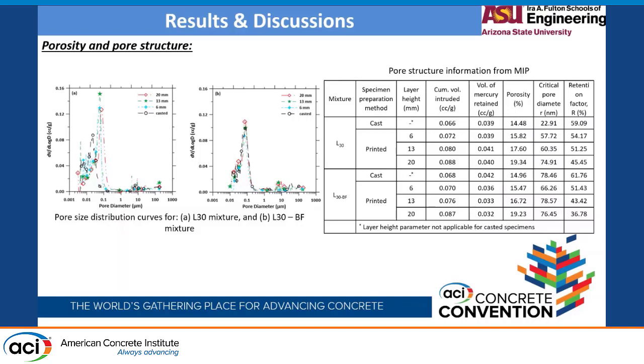So we can see, as we are moving from 6 to 20 mm, the tortuosity is decreasing, which means that we have a more connected porous structure in the 3D printed samples with the larger layer heights. This also explains why we are having a loss in mechanical properties, as reported in other studies, when the layer height increases, because now we have a more connected porous structure.